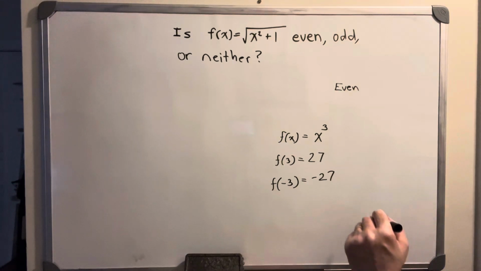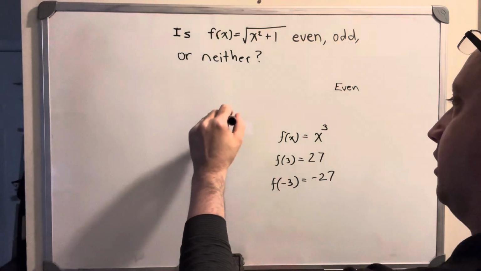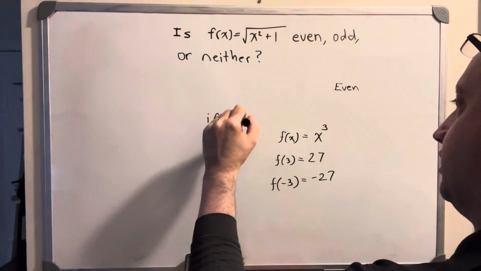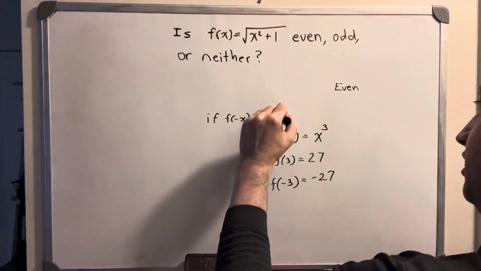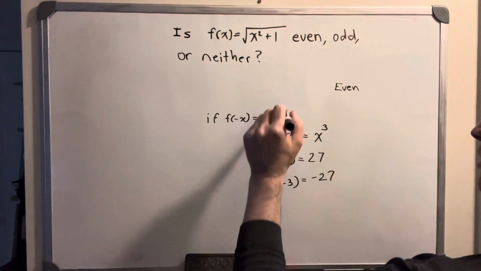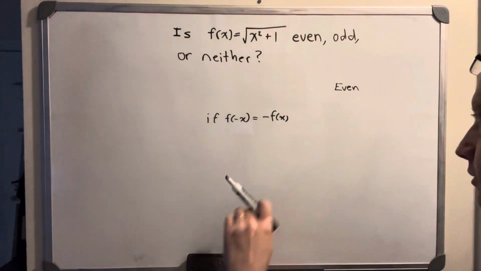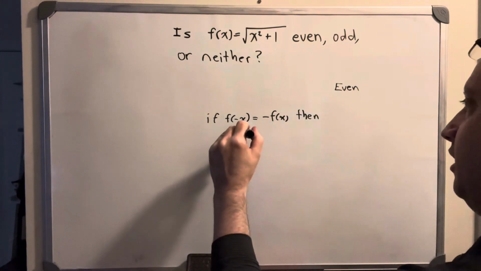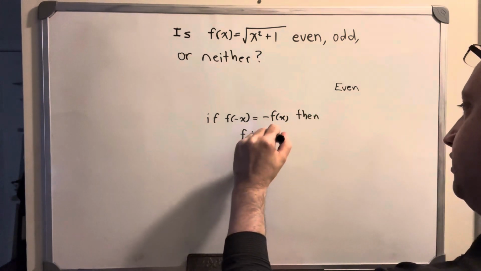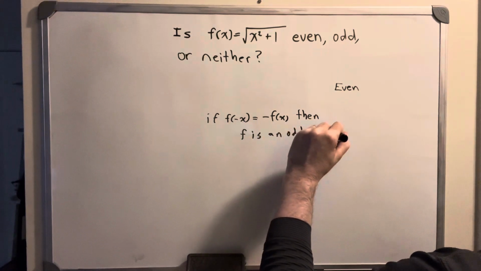So yeah, if f of minus x is equal to minus f of x, then f is an odd function.